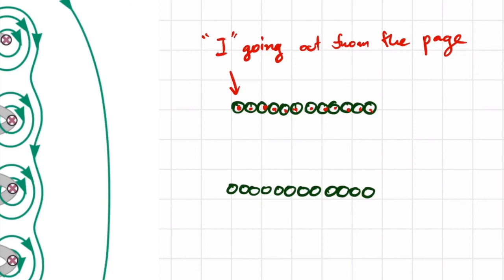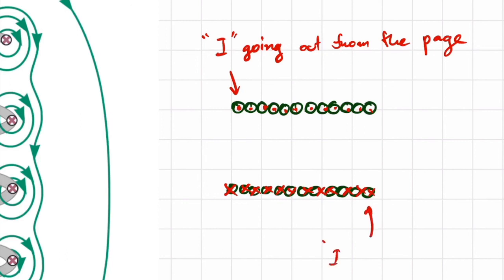So if you imagine that the current is going around in a loop, right? So it's going out from the page, then it has to come back there. That means the current has to go in at the bottom, so we can draw an X here, right?